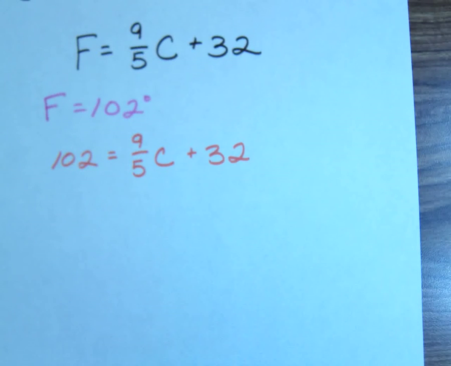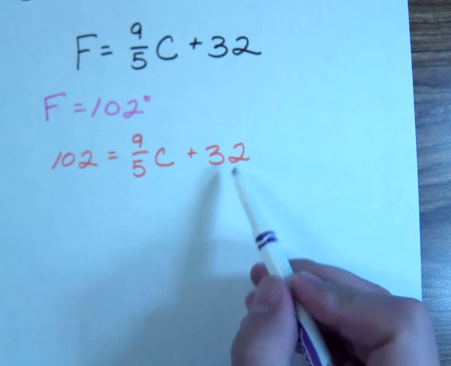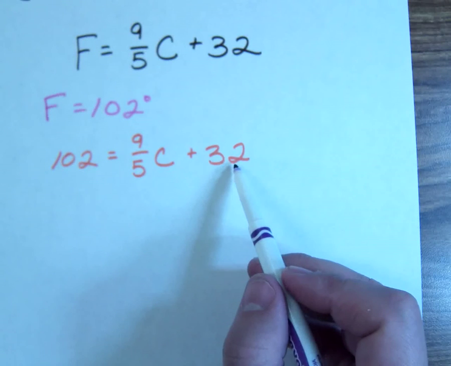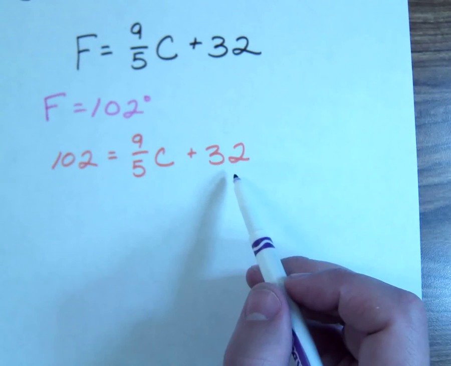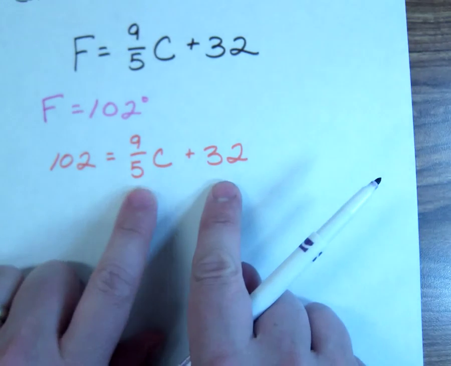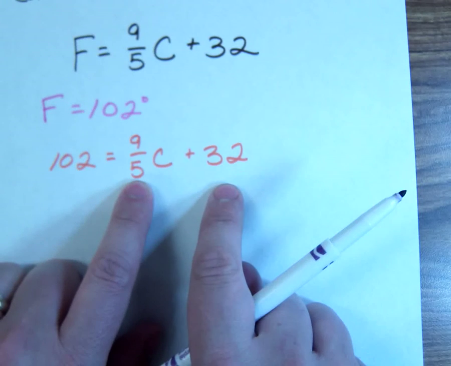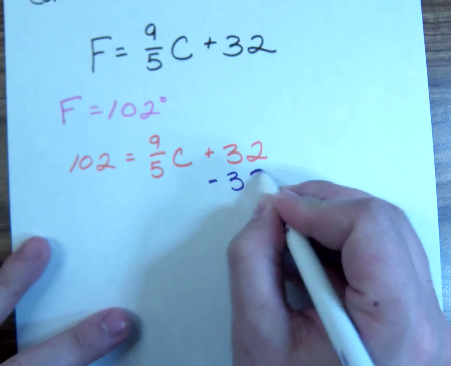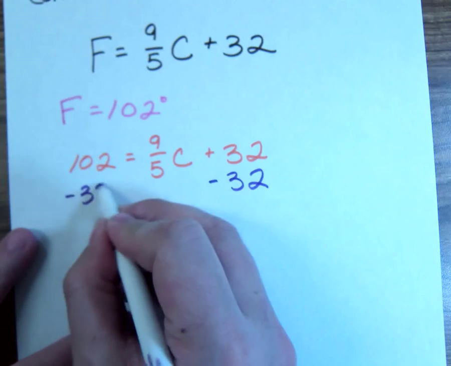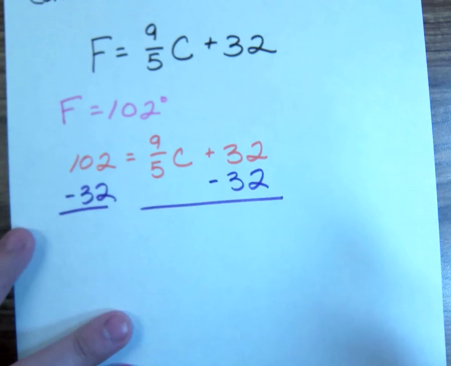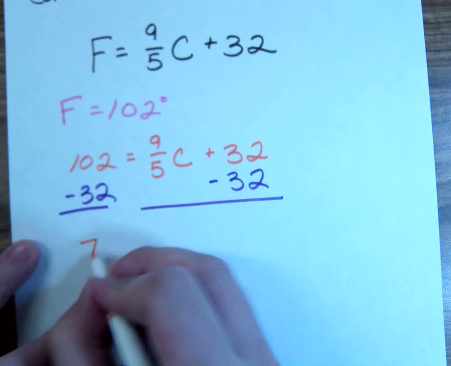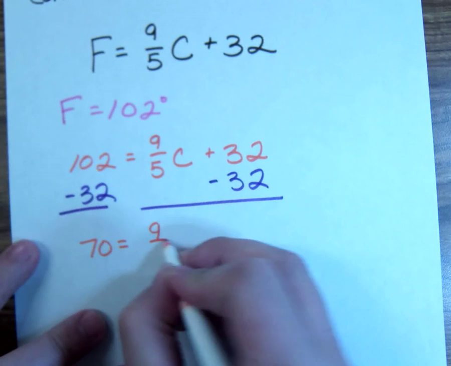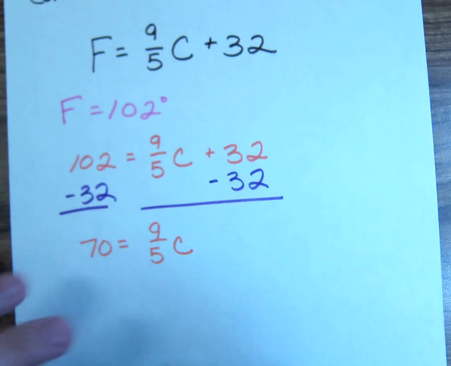If I multiply by 5 right now, I would have to also multiply the 32 by 5, which is totally fine. If I want to multiply by 5, though, I got to multiply this and this by 5. I could save myself having to worry about that if I subtracted 32 on both sides first, because then I would have 70 equals 9/5 Celsius.